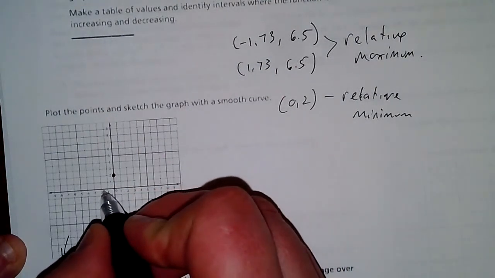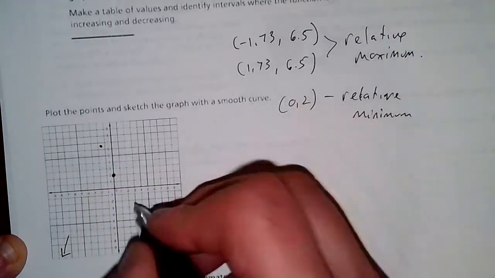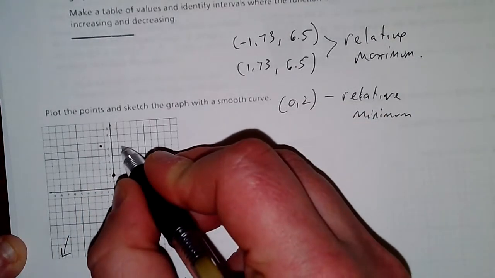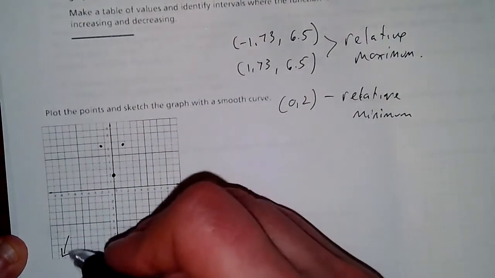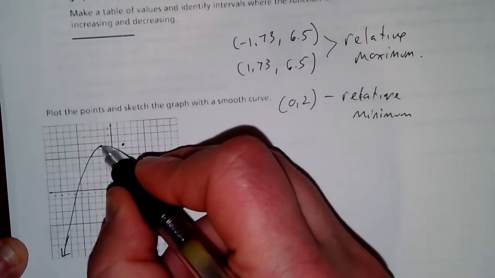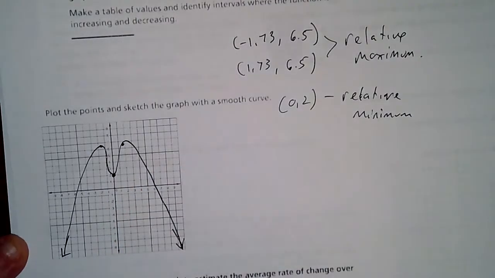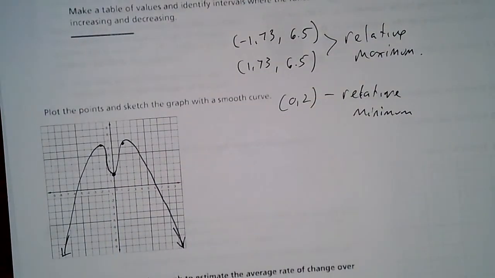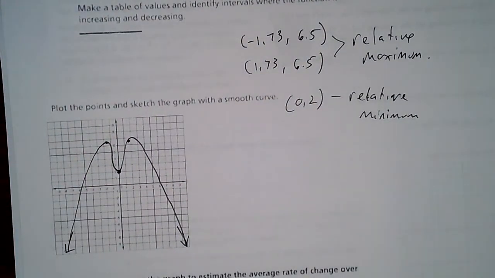So again, negative 1.73 and 6.5 is going to be here-ish. And then the same point on the other side be right here-ish. And now I can draw what's going on here. I can draw this graph going to these points like so. And there we go. So that's my key. I got my 2 relative maximums, my 1 relative minimum. It allows me to kind of see these critical points of this graph.